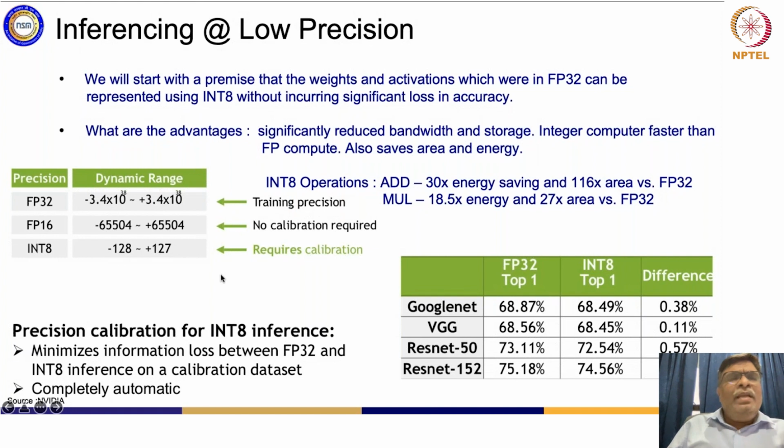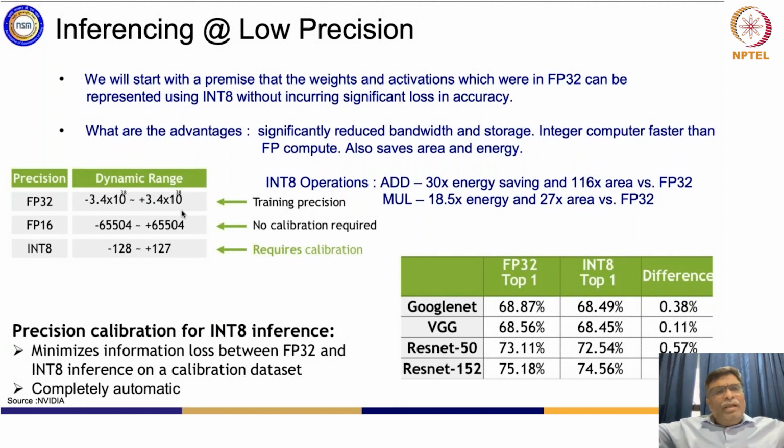Now what does it mean when we say precision from FP32 to int 8? Where is the issue here? The issue is basically that you are trying to do something called quantization. If you are working with FP32, your dynamic range varies from minus 3.4 into 10 to the power of 38 to plus 3.4 into 10 to the power of 38.